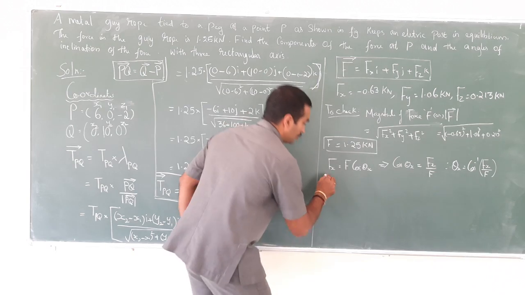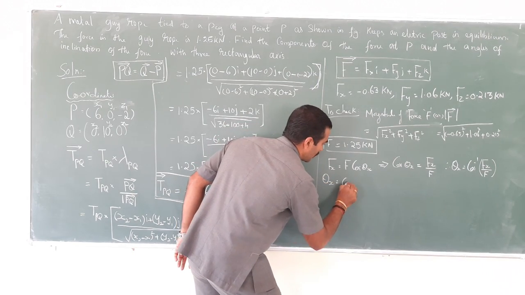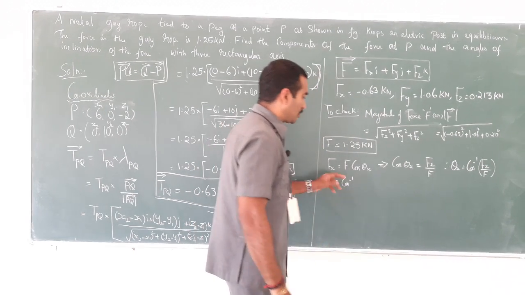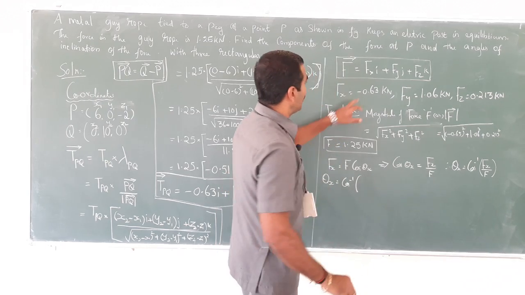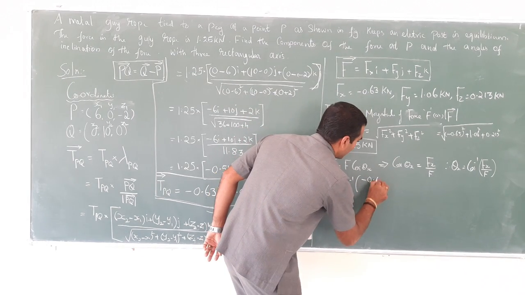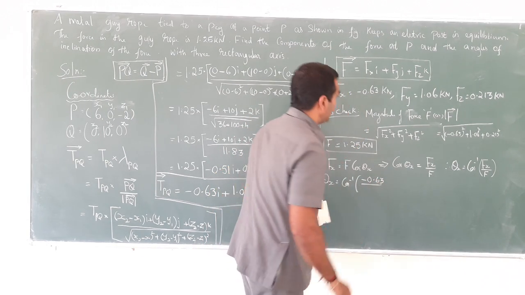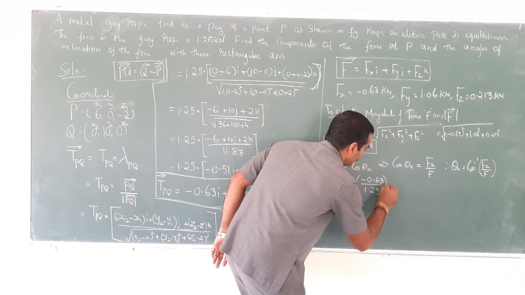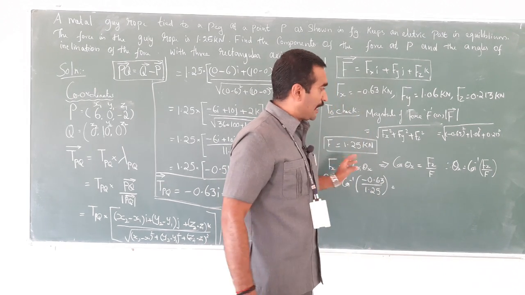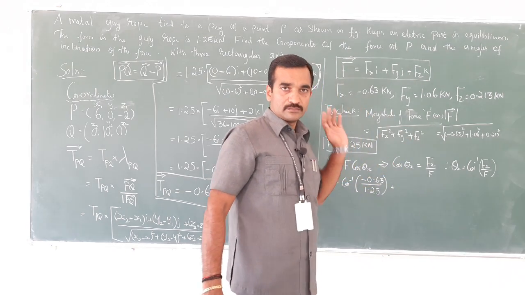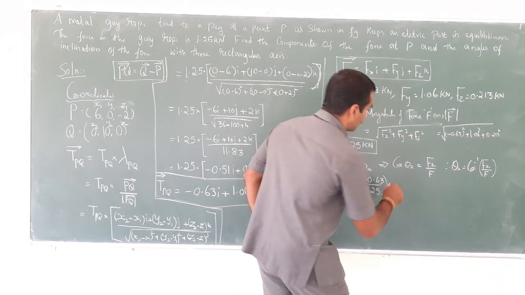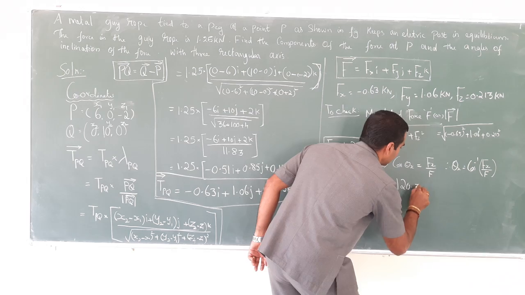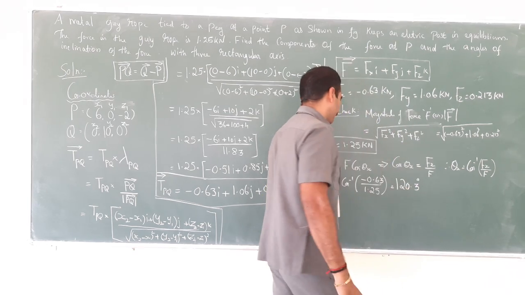Now I am going to substitute the values. Theta_x is equal to cos inverse of F_x, which is minus 0.63, divided by the F value, 1.25. If you input this value in your calculator, you will get 120.3 degrees.